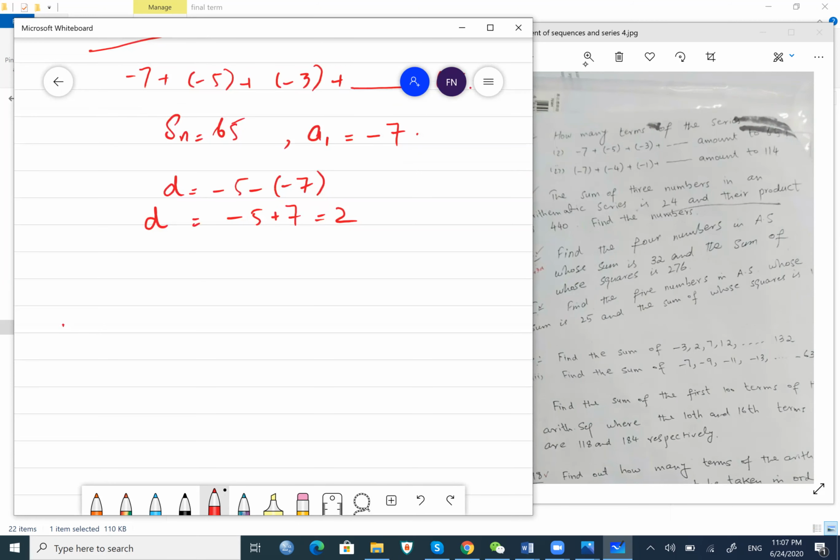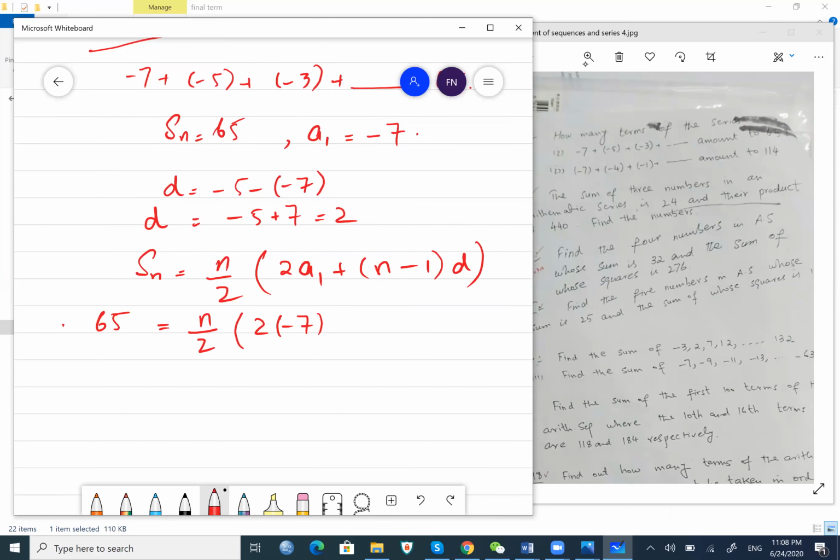Okay, now the sum formula is n by 2 times 2a1 plus n minus 1 times d. So n is, we want to know, Sn is 65, divided by 2 times, 2a1 is -14 plus n minus 1 times 2.